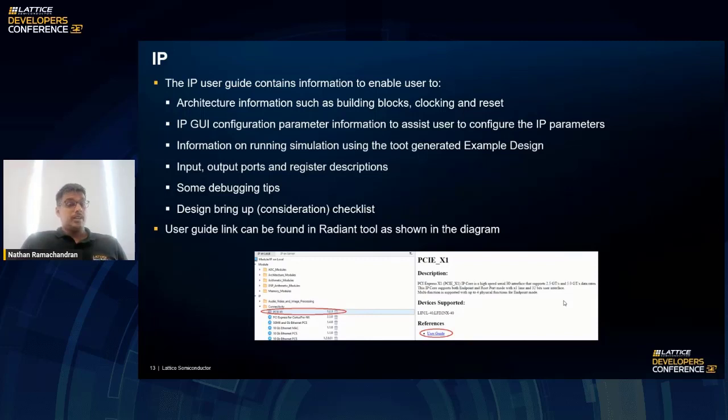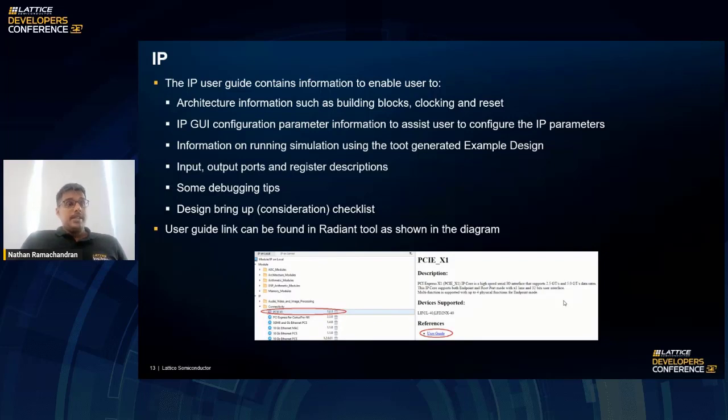Both of these IPs have their own user guide, and the user guide can be downloaded from the links that will be shared at the reference slide at the end of this presentation. Or you can also find the user guide from the Radiant tool itself. You just need to go to the IP, and once you click on the IP, there will be an info page that points to the user guide.